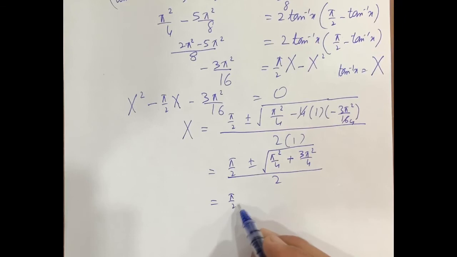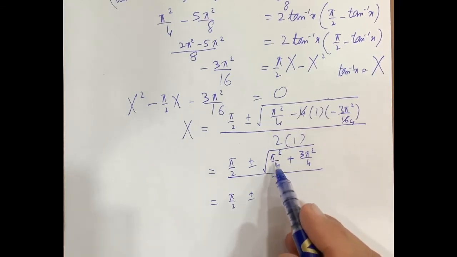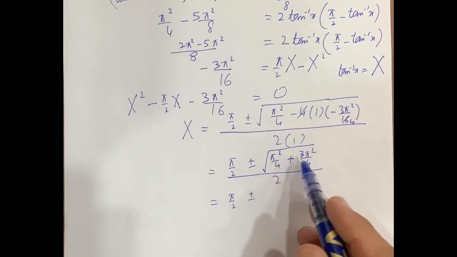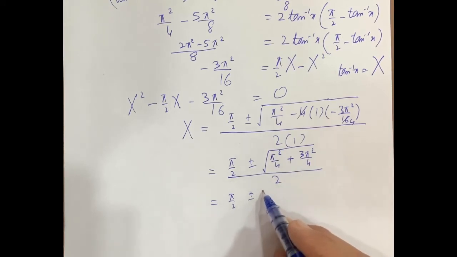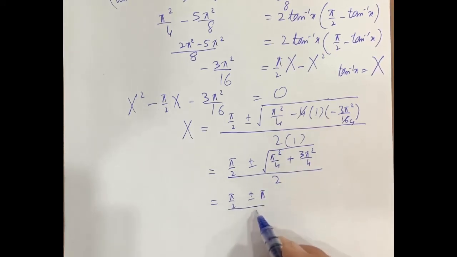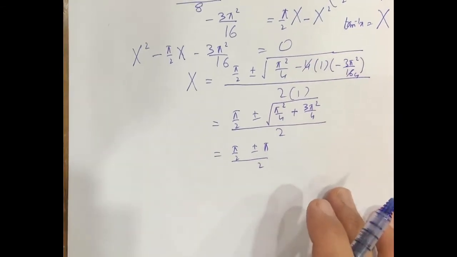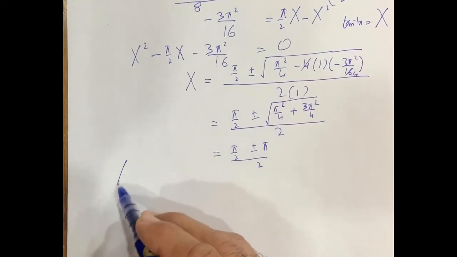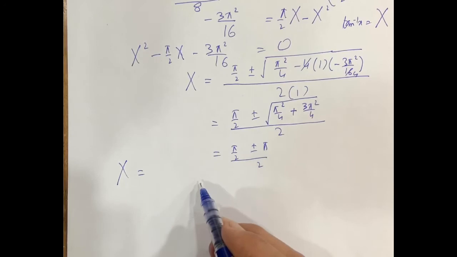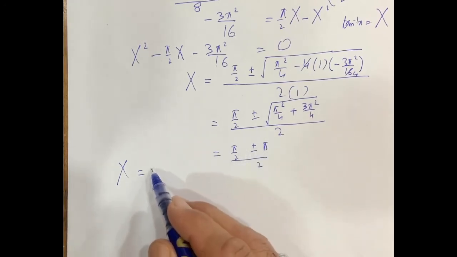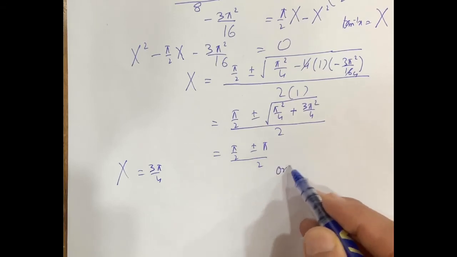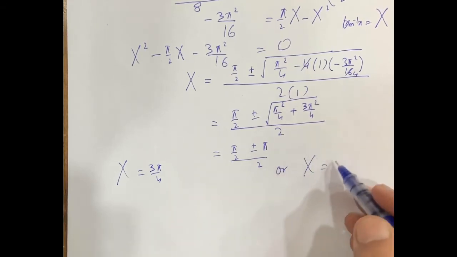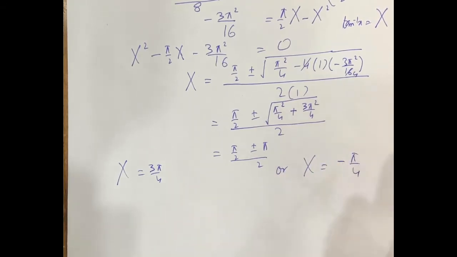This is pi by 2 plus minus root of 4 pi square by 4, which is pi square, after root it will be pi, divided by 2. That is, capital X is pi by 2 plus pi, that's 3 pi by 2 upon 2, which is 3 pi by 4, or X is minus pi by 4.